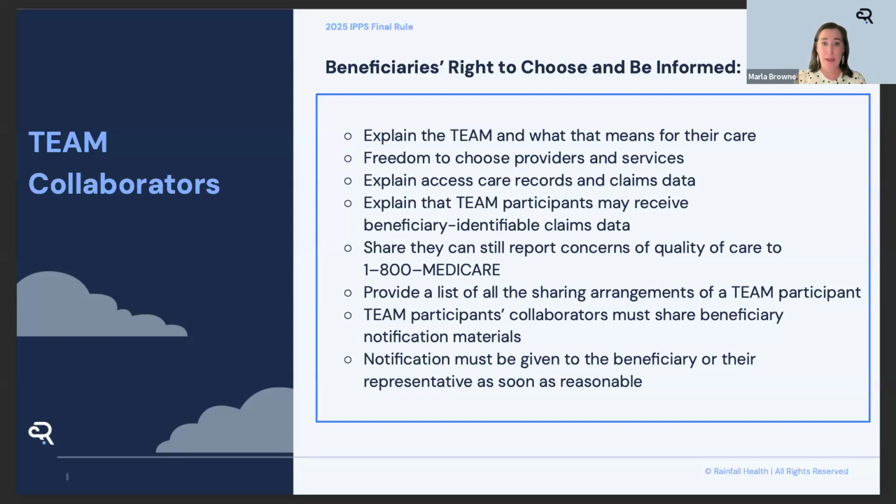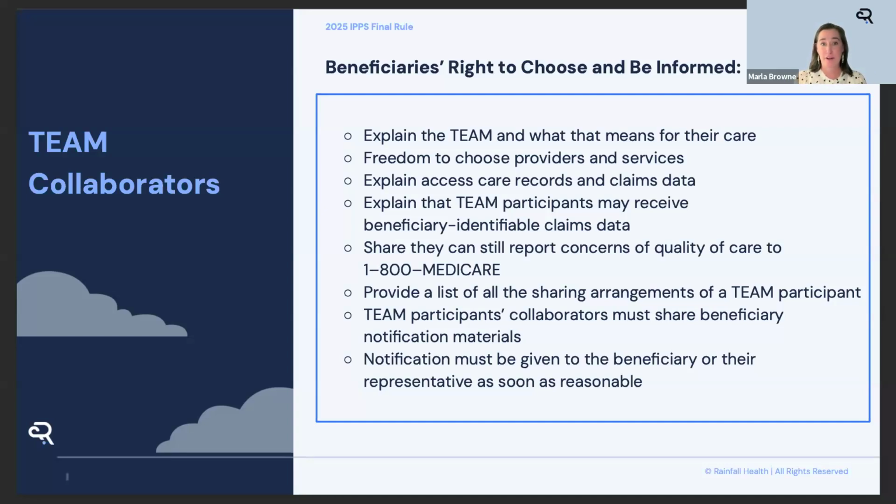It needs to inform the patient they still have the freedom to choose providers and services. It also explains how patients can access their care records and claims data, that their claims data may be shared with TEAM participants, and that the patient still has access to their standard Medicare beneficiary protection, 1-800-MEDICARE, to report any concerns of quality of care.